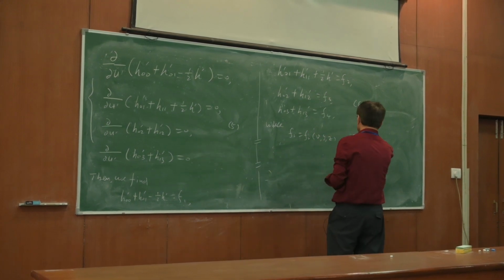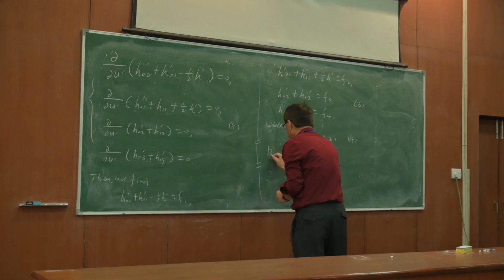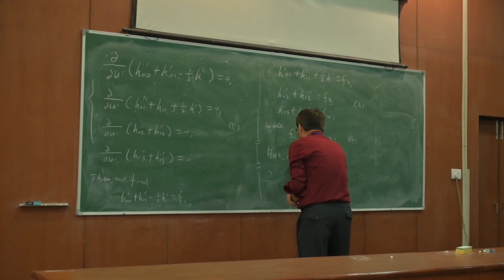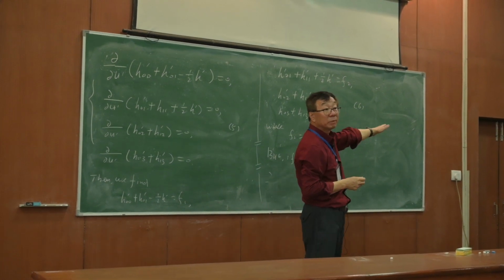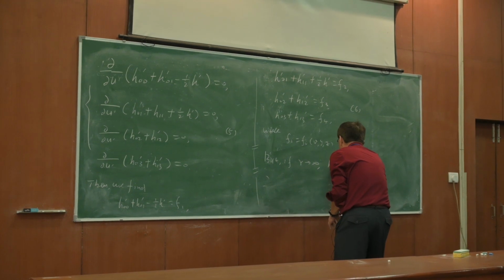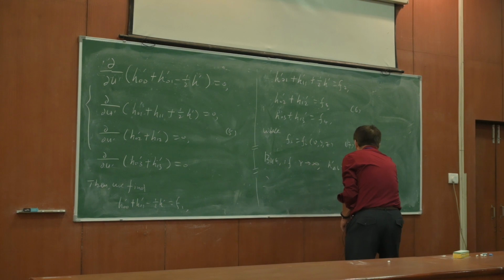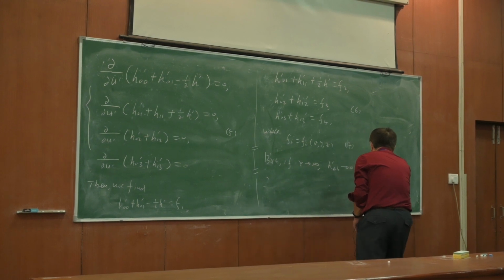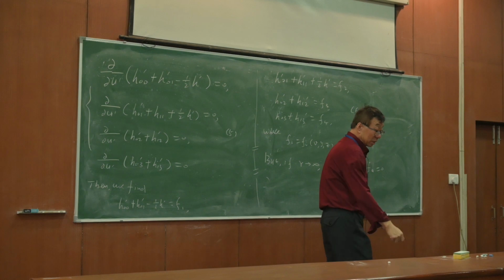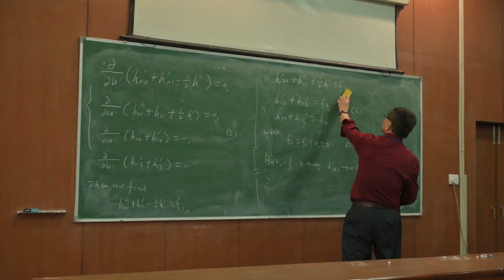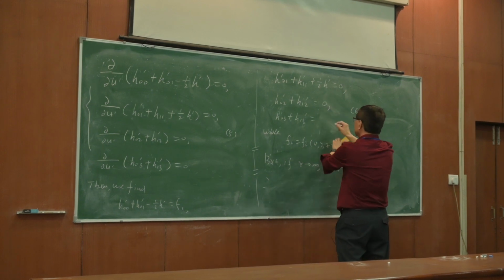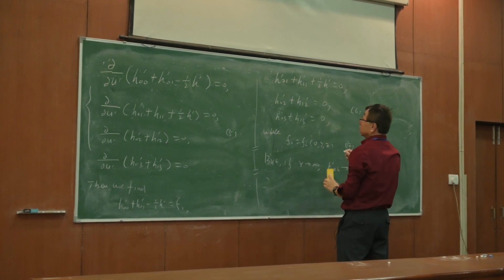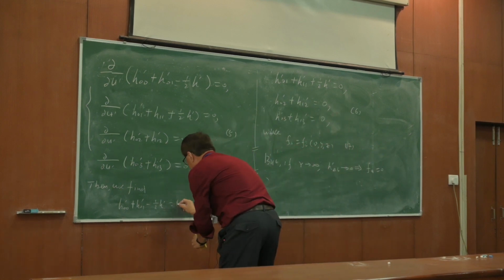So this is the general case, but if r goes to infinity, which means we are infinitely far from the sources, then h prime ab goes to 0, which leads us to f a equals 0. So I simply put in 0, 0, 0.